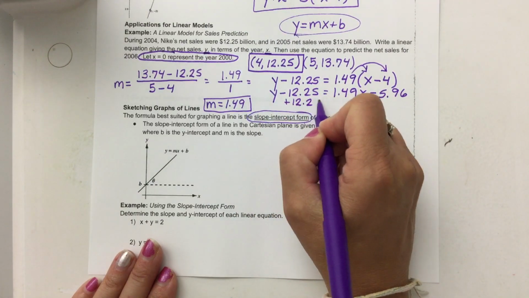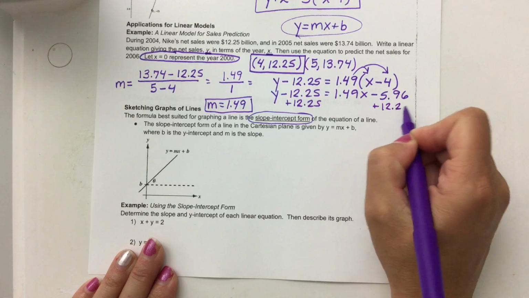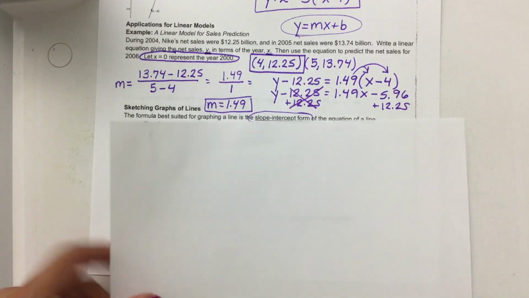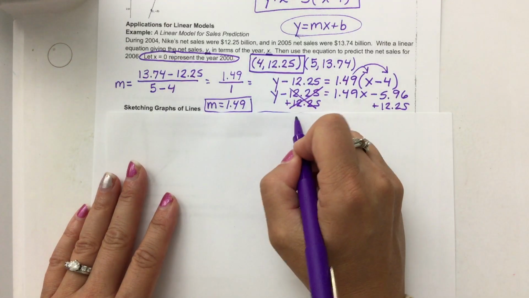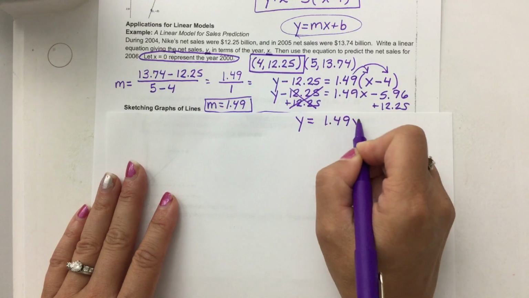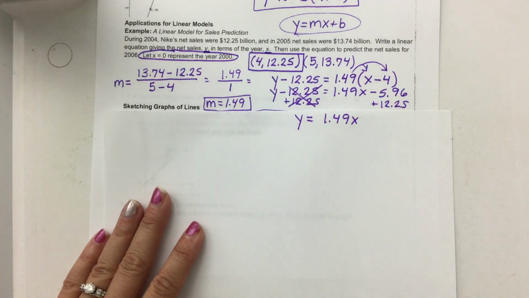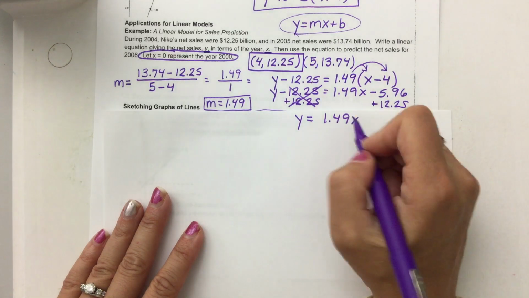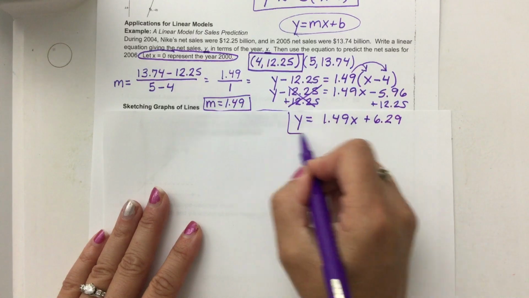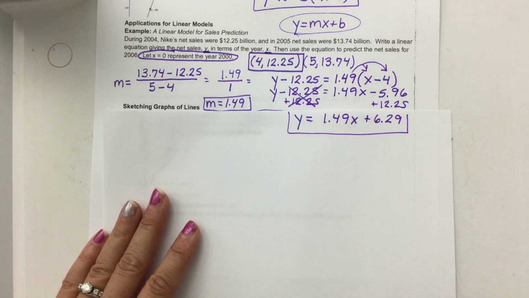So I need to add my 12.25 to the other side. And now what I have is y equals 1.49x. If I have negative 5.96 and I add 12.25, I have a positive 6.29. Now here is an equation that I can use to make predictions.